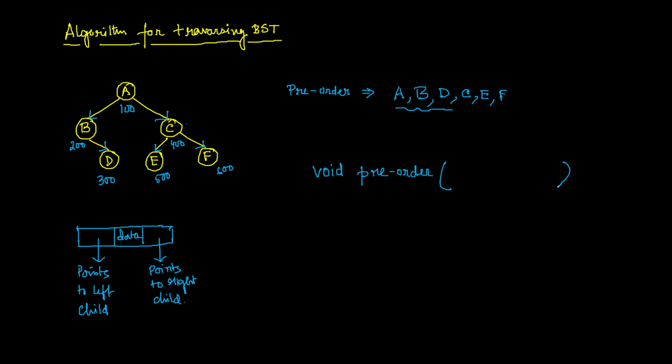Similarly, here I need to pass the address of the first node, that is root of the BST. So you can write, for example, struct node pointer root, suppose. So this root represents this one.